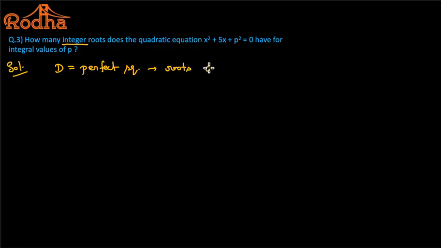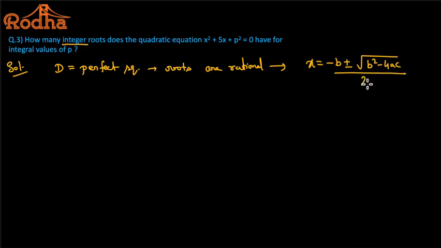These things come from the formula x equal to minus b plus minus under root b square minus 4ac divided by 2a. So basically the under root term is a perfect square. But here the roots need to be integers, so we cannot check by this. So basically I need to go by this formula only.